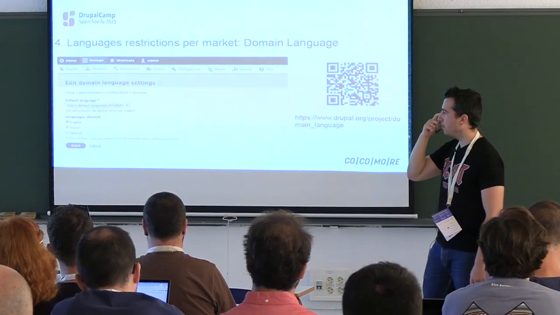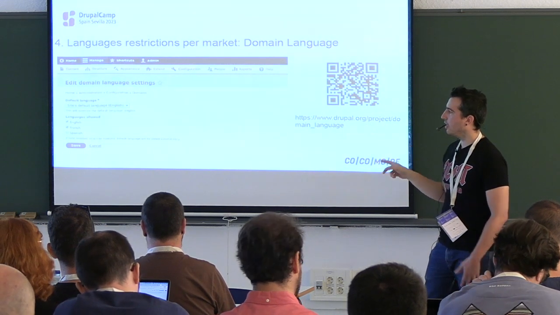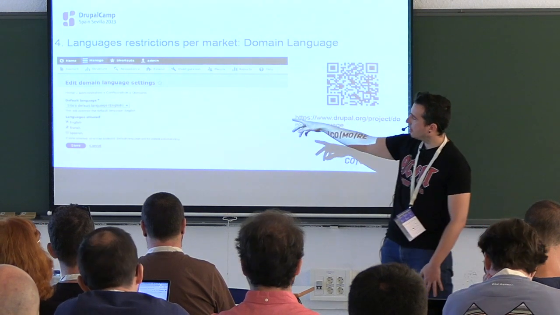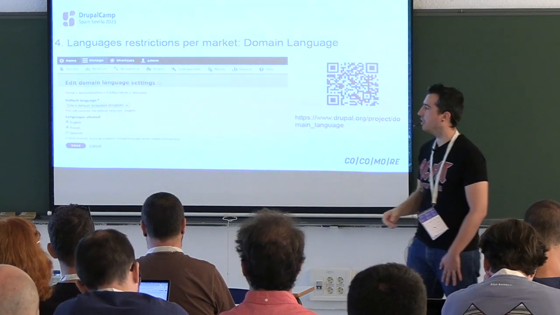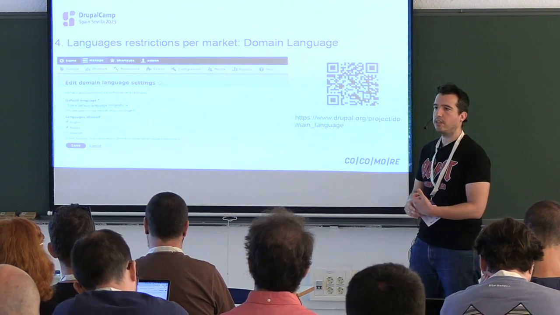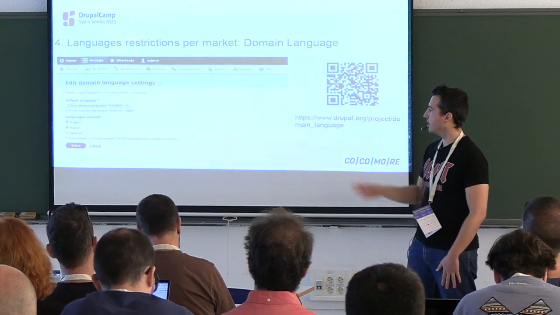This module allows you, per domain, per market, to define which languages are allowed inside that market. In that way, again, you build these bubbles, and that's it, nothing else.